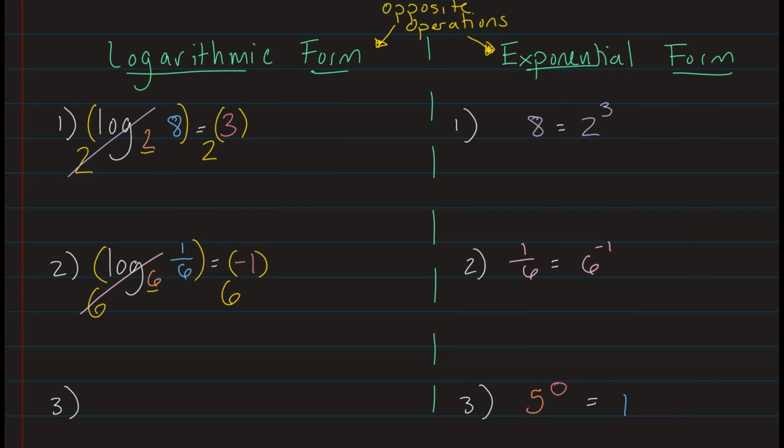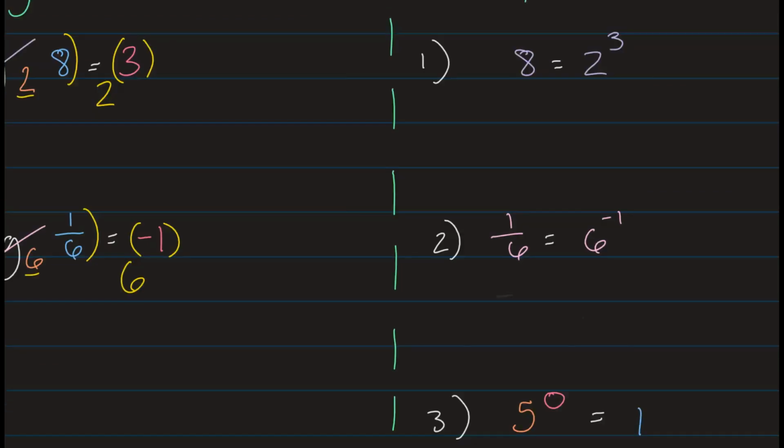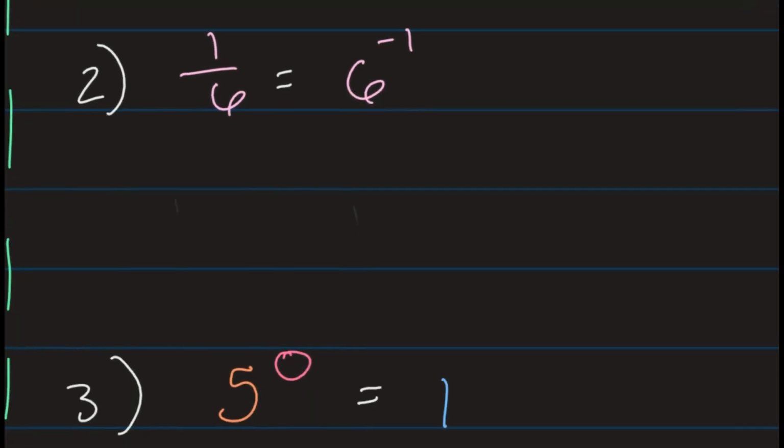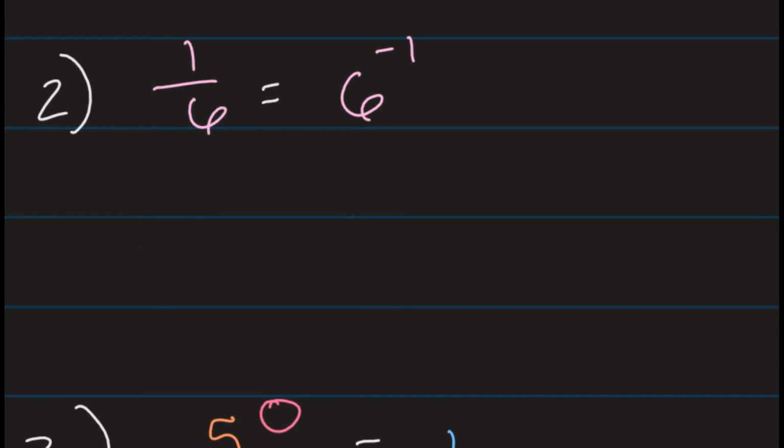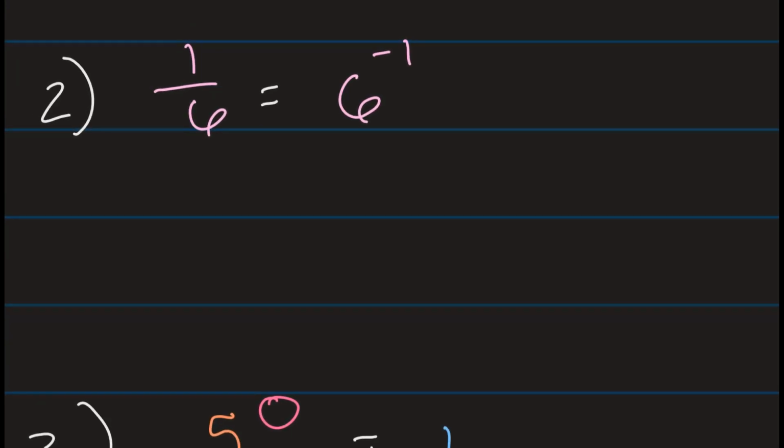Now I would like to make a little side detour here and take a closer look at this exponential form. In Algebra 1, you guys were supposed to learn what are called exponent rules. And there's a few that you have to know. Whenever you have an exponent that is negative, in order to get rid of that negative, all that you have to do is take the base number and put it in the denominator with the positive version of the exponent.